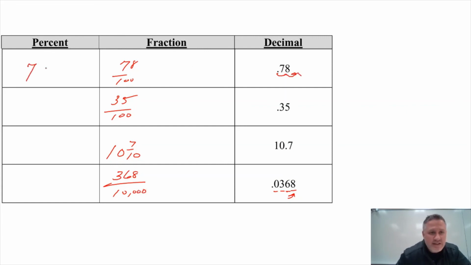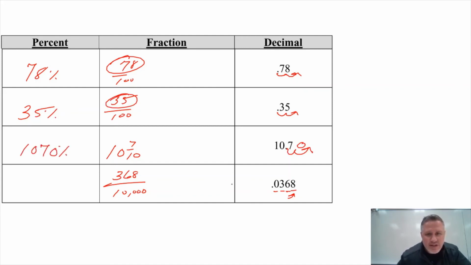That is 78%, which is the same thing as 78 hundredths. 2 places to the right is 35%, and all percents are over 100, right? This guy, 2 places to the right, what do I fill that in with? Well, a 0, right? So that is actually 1,070%. And 2 places to the right, that gets you 36.8%.